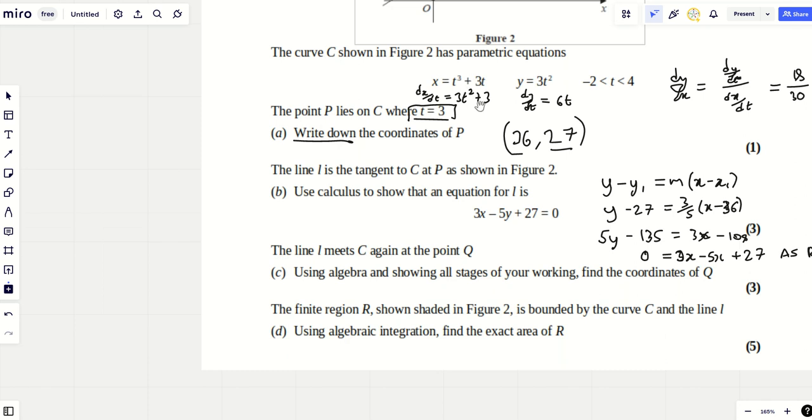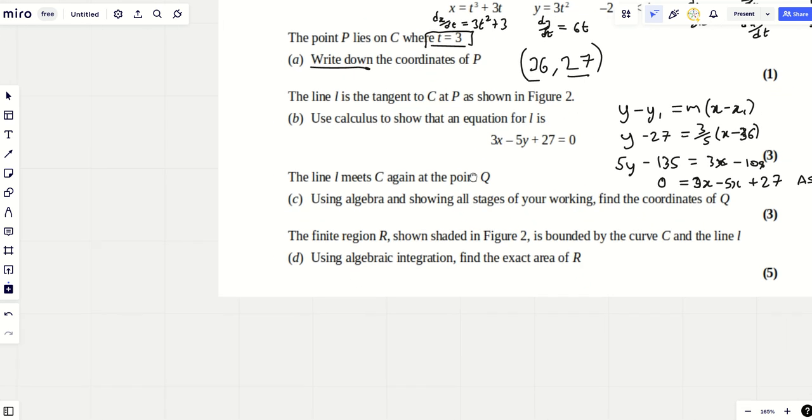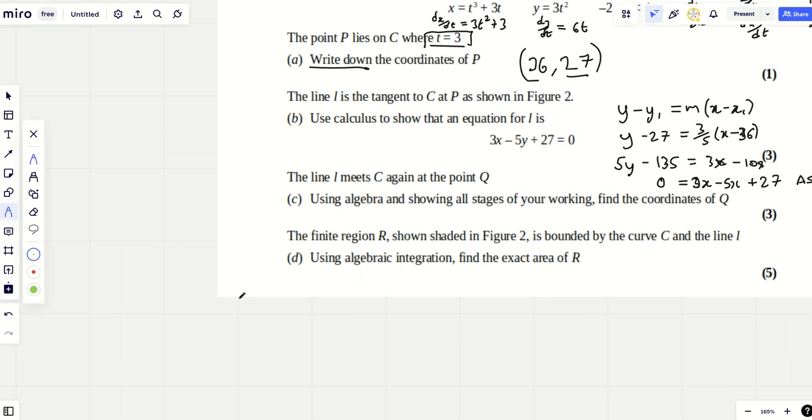If I plug the x in terms of t here, and the y in terms of t here, I could solve the resulting equation. So I'm going to solve, terrible handwriting, 3 times t cubed plus 3t, minus 5 times 3t squared plus 27 equals 0.